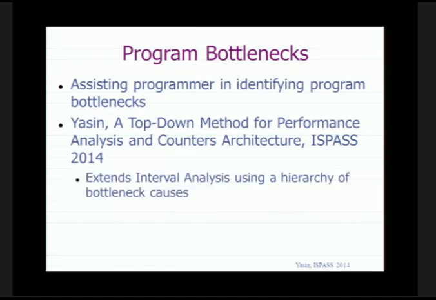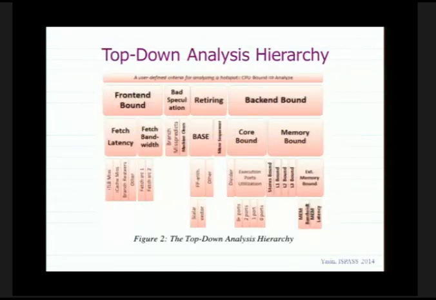And once again, this is basically just extending interval analysis into a hierarchy of bottleneck causes, and then identifies required performance counter events through which the programmer can then dive down the hierarchy to isolate a particular bottleneck. So this is the hierarchy that is proposed in that paper. At the top of the hierarchy, you have events which are going to be able to figure out if the bottleneck is at the front end of the processor or the back end of the processor, or predominantly due to bad speculation or due to retiring.